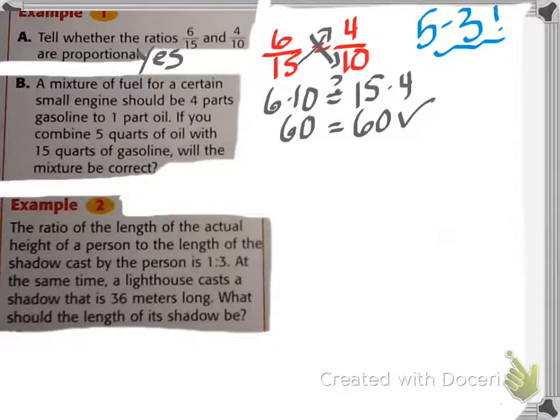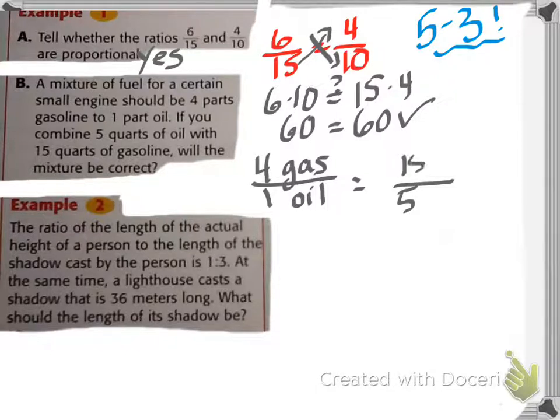For example B, a mixture of fuel for a certain small engine should be 4 parts gasoline to 1 part oil. If you combine 5 quarts of oil with 15 quarts gasoline, will the mixture be correct?